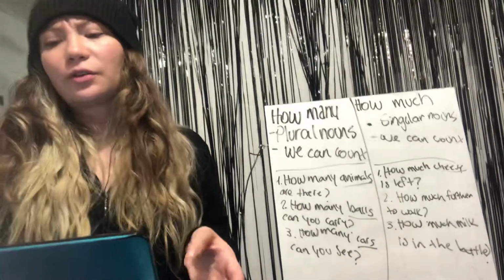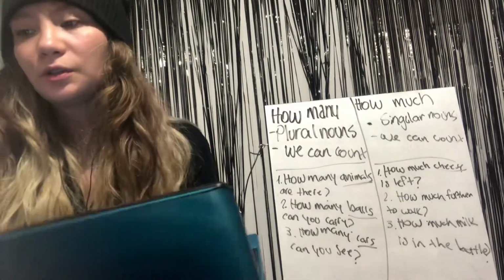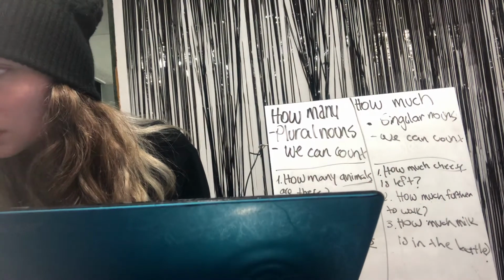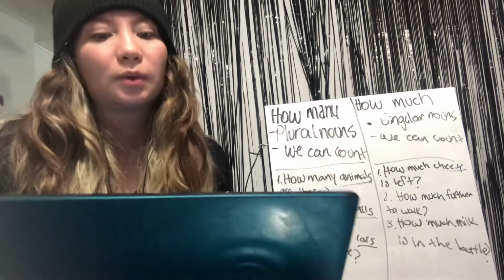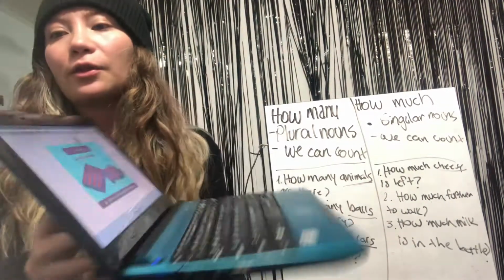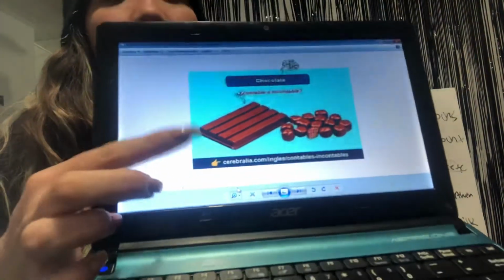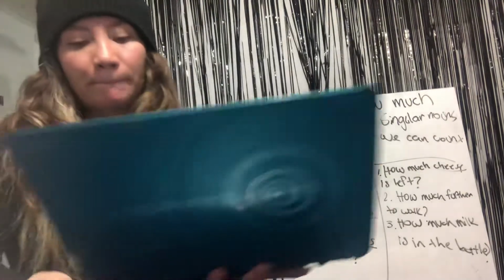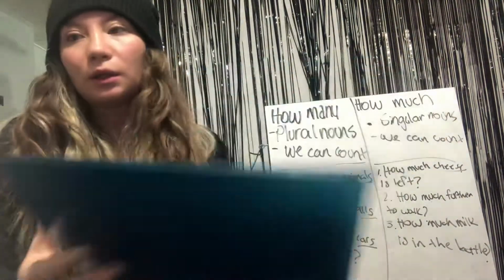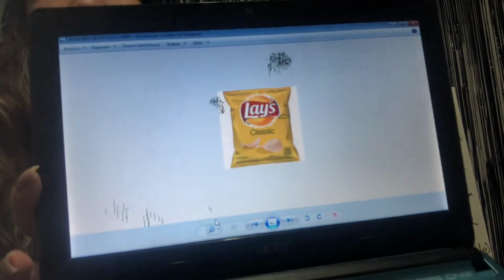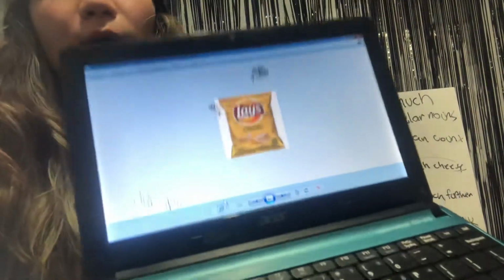You're going to think if the pictures I'm going to show you are countable or uncountable. The first one is a bar of chocolate. The next one is a packet of potato chips.